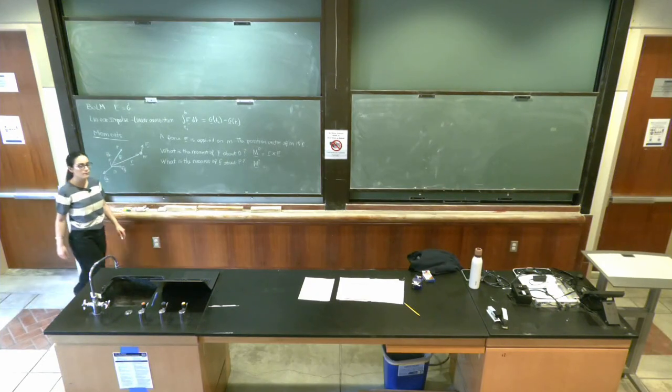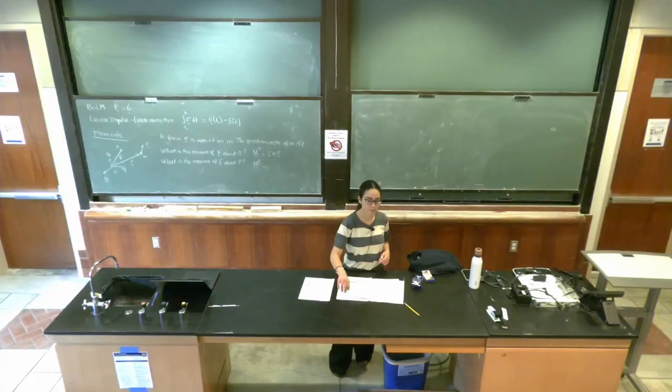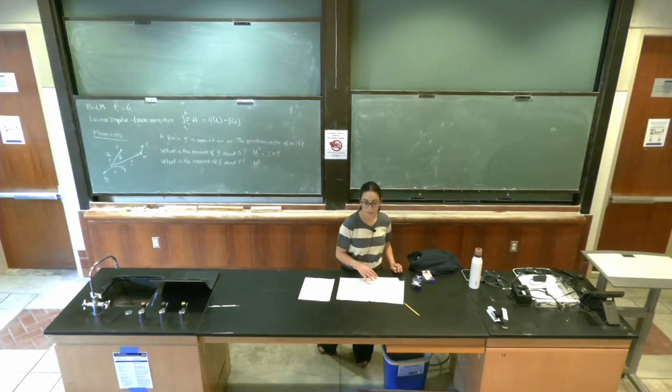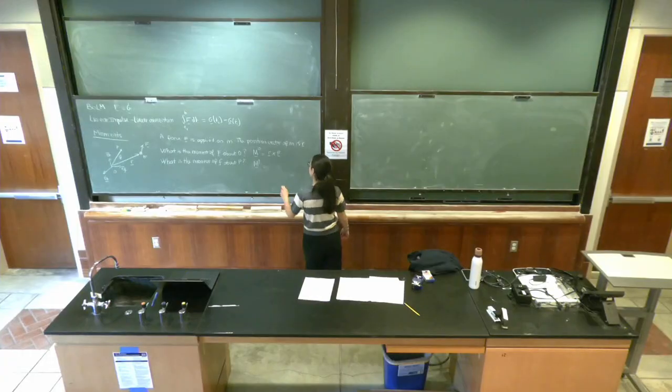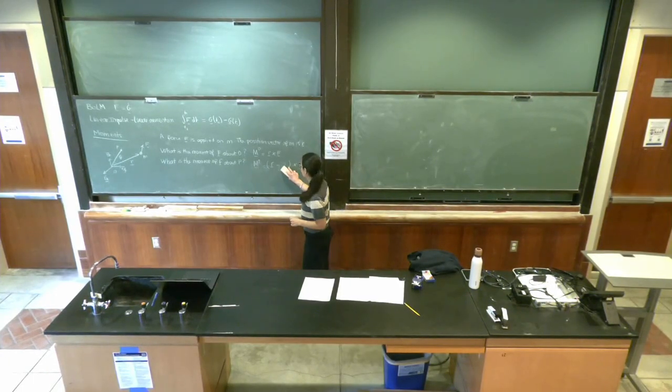What do I do? Cross product with what? R minus P. Fix it, you're missing something. Exactly. It's a position vector to P, right?